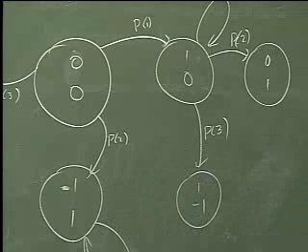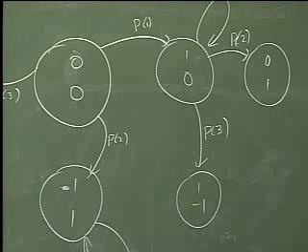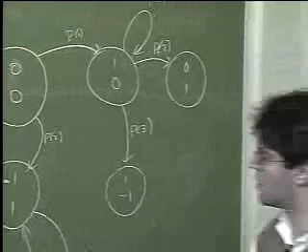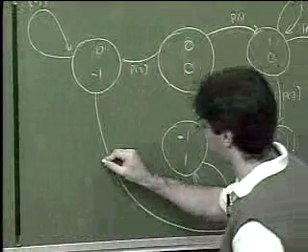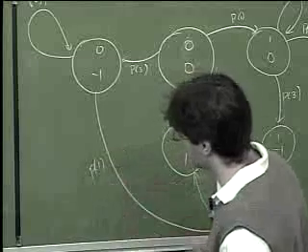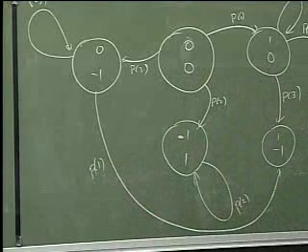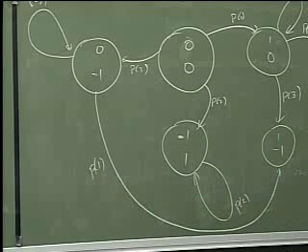So I've taken care of this one, I've taken care of this one. If I'm in state 0, -1, I get a packet from flow 1, then I go to state 1, -1. If I'm in that state and I process a packet from flow 2, I go to state -1, 0.